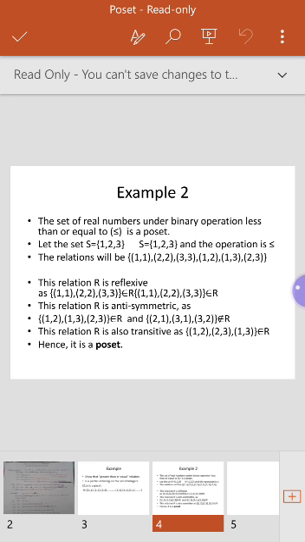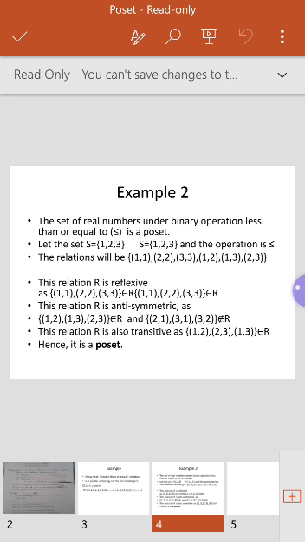Now we will check for transitive. (1,1), (1,2) will generate (1,2), that's there. (1,1), (1,3) will generate (1,3), that's there. (2,2), (2,3) will generate (2,3), that's also there. So it is transitive also.